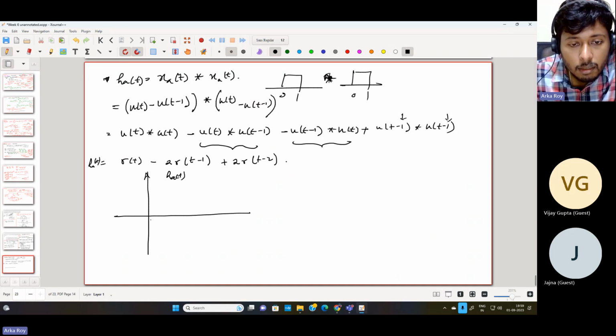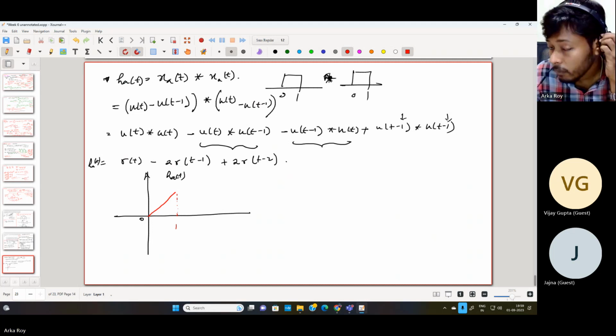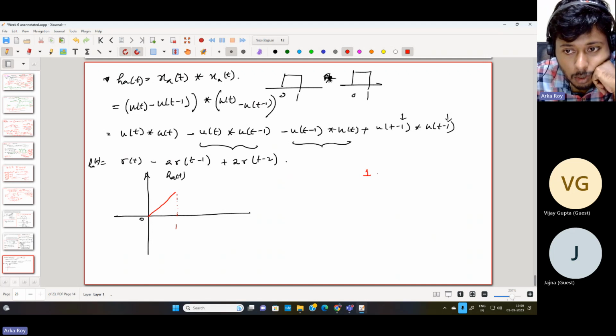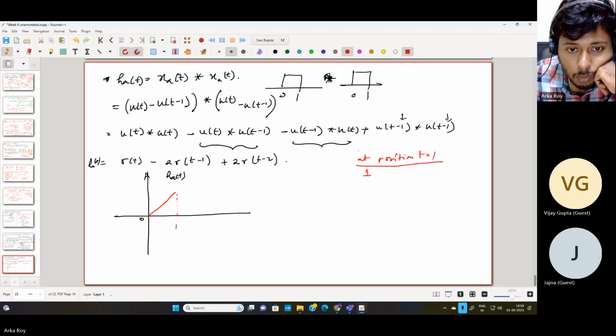So for ha(t), let us consider this is the origin. At the 0th position, it is a ramp signal with slope 1. At first location, here the slope is 1 and here the slope is minus 2. So initially the slope was 1, and here we are seeing that the slope is minus 2.